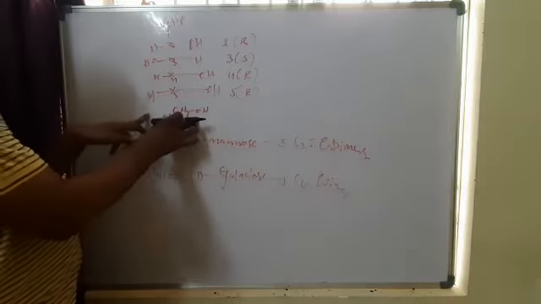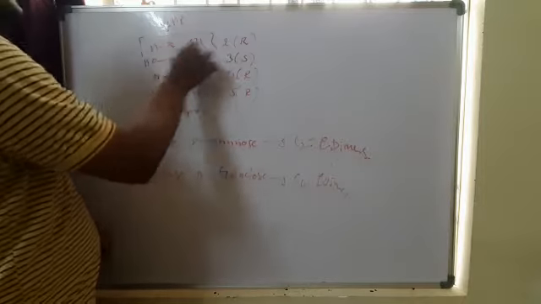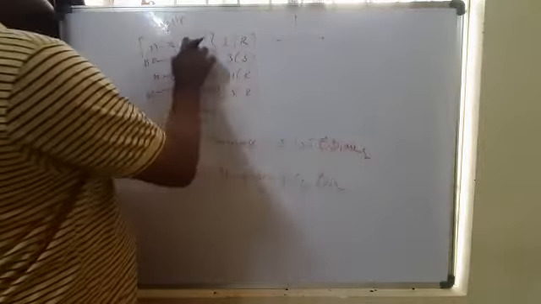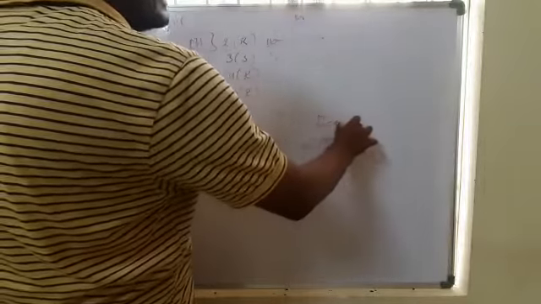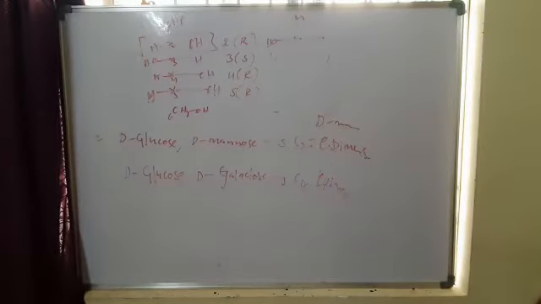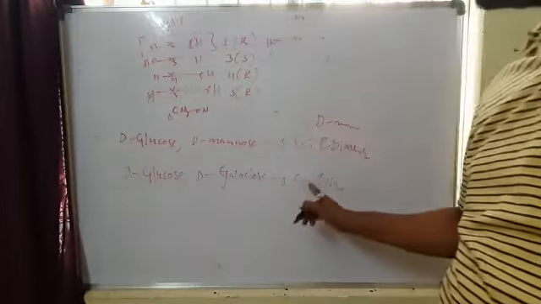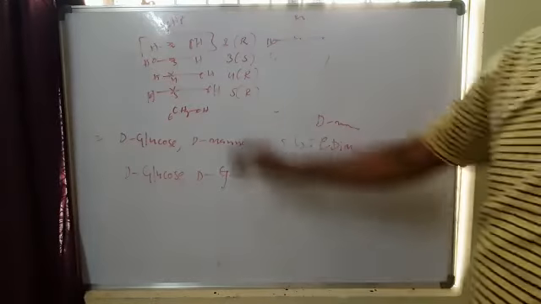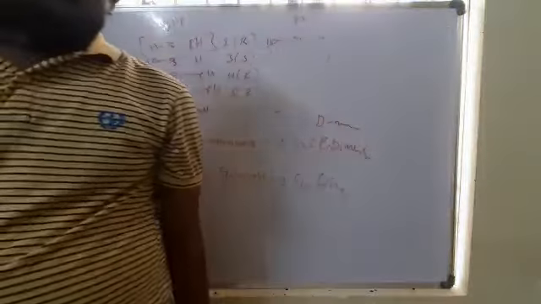In D-glucose at the C2 position the OH is on the right side, while in D-mannose it is on the left. The remaining part is the same. The same is the case for D-glucose and D-galactose at C4. Anomers are those that differ in stereochemistry at the anomeric carbon, the functional group carbon.